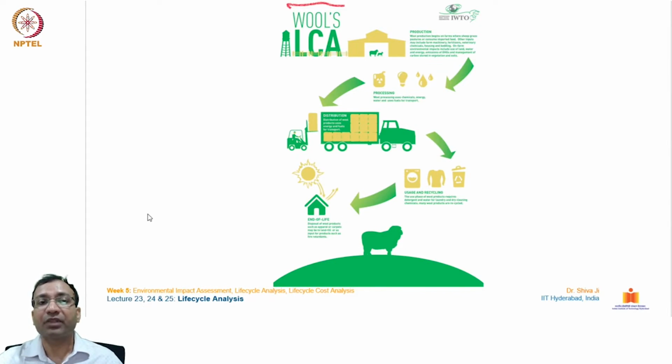Since this is a material which is primarily taken from nature, wool in itself is a natural yarn-based material, but the chemical compounds and the treatments and the colors add up to the hazardous component of this product.